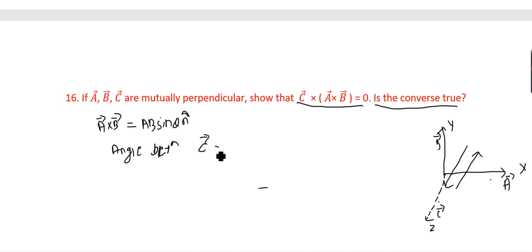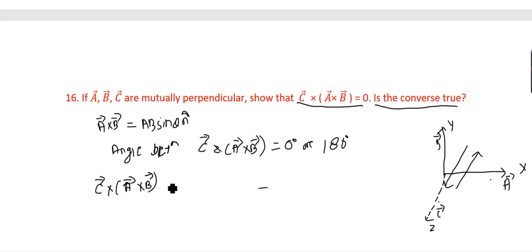So we can say that the angle between the C vector and the A cross B vector, or simply the N vector, is either 0 degrees or 180 degrees. Taking the cross product of C vector with A cross B, let A cross B be a D vector, so we can write CD sin theta dash n vector.